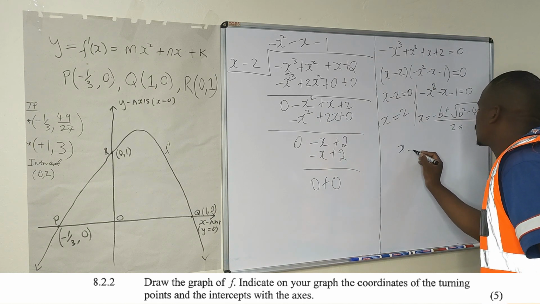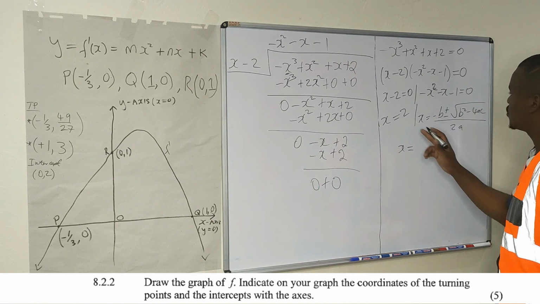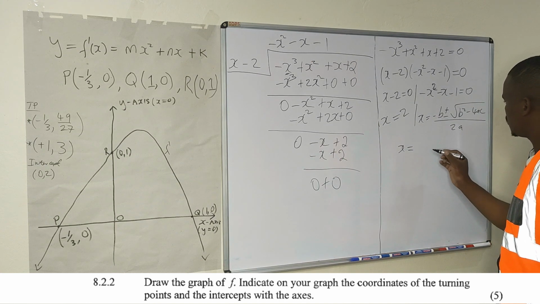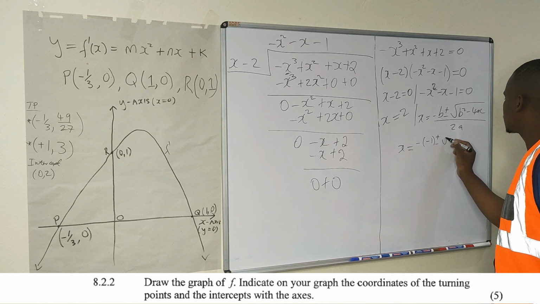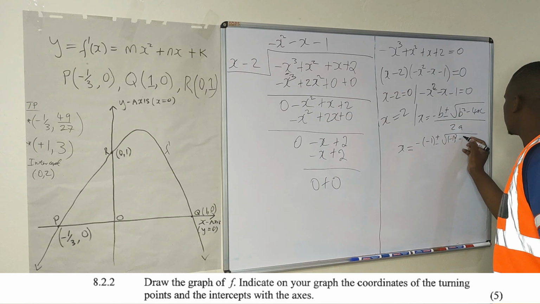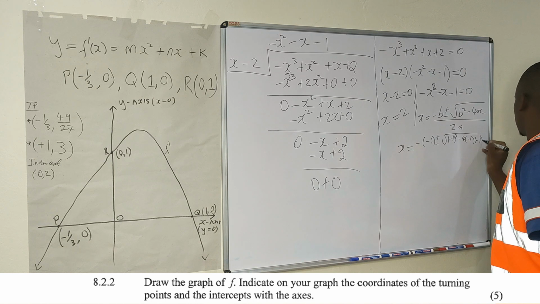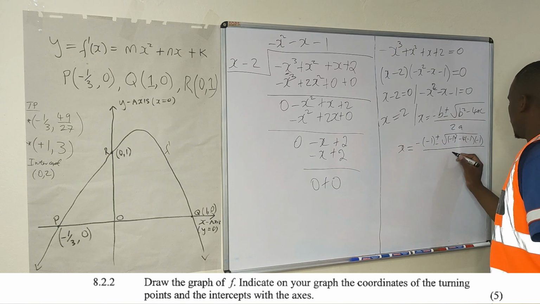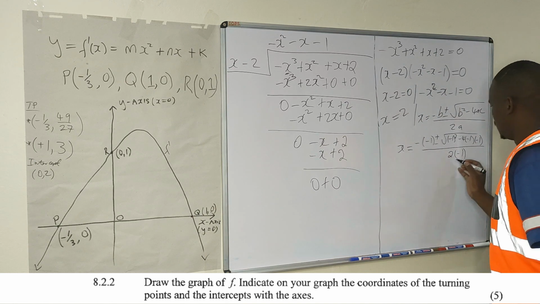So x is equal to... we need to find the two more intercepts because we have one. So x equals negative b, which is minus 1, plus or minus the square root of what? b squared, which is minus 1, all squared, minus 4, a, which is minus 1, c, which is minus 1, all over 2a. Our a is minus 1.